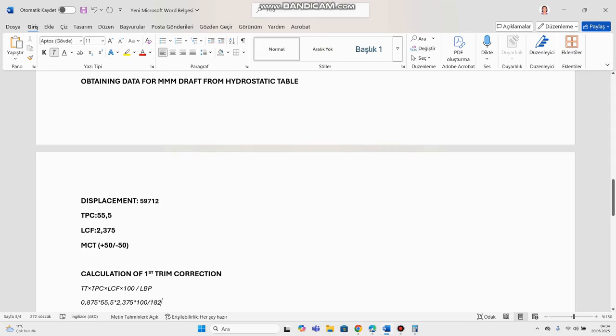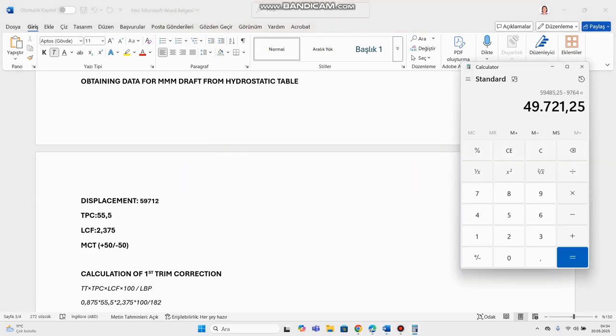LBP is 182. Let's calculate. 0.875, 55.5, 2.375, 100.